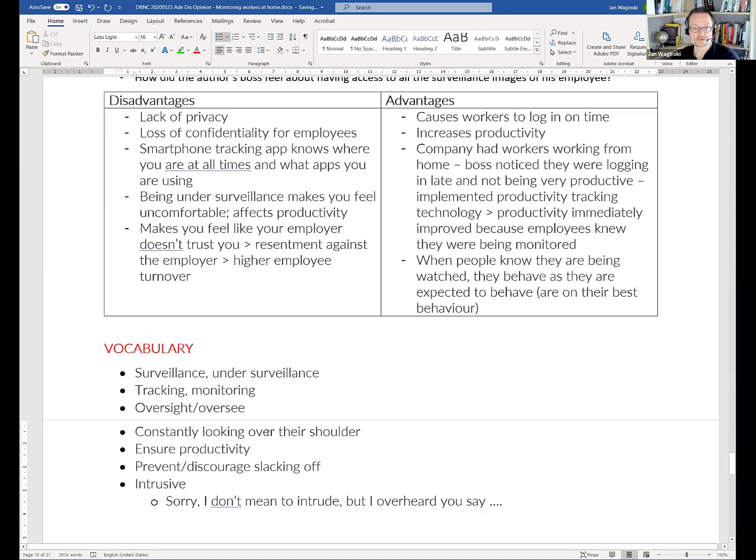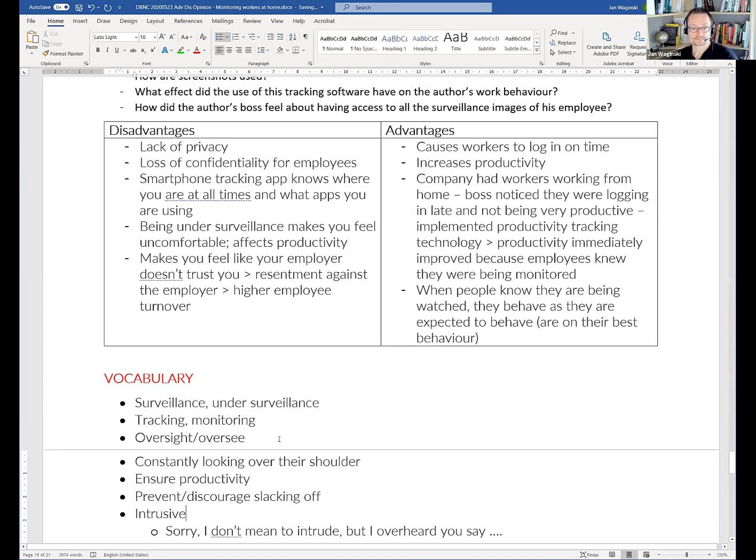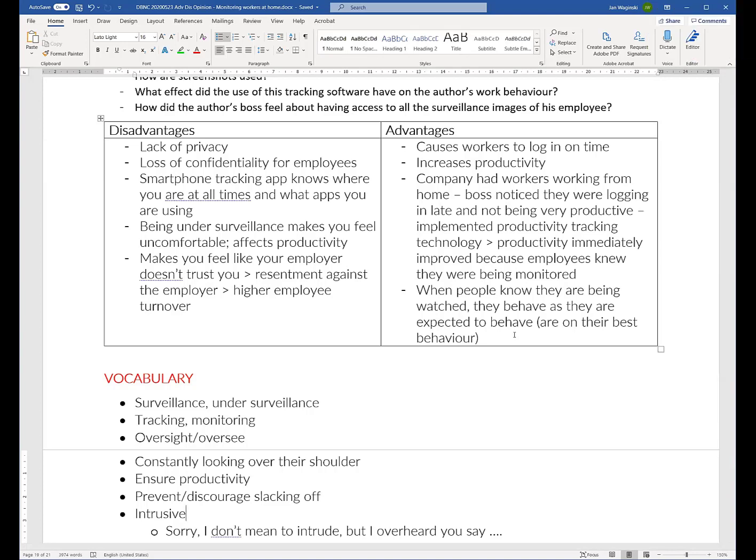Okay, so which side would you pick? Do the advantages outweigh the disadvantages, or do the disadvantages outweigh the advantages? Maybe it's easier to talk about the advantages outweighing the disadvantages.